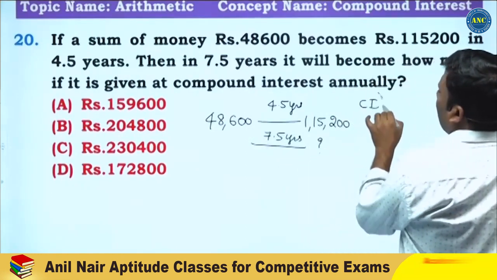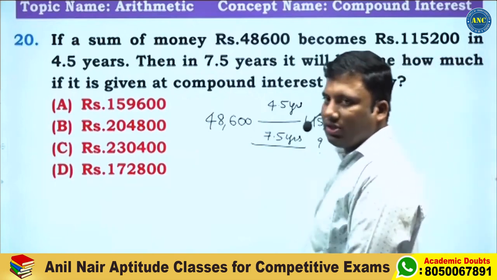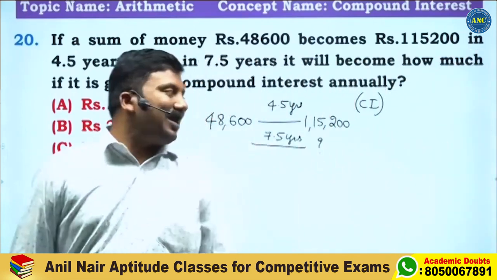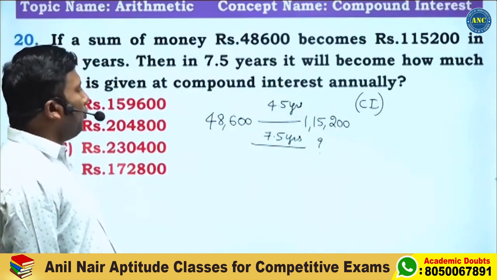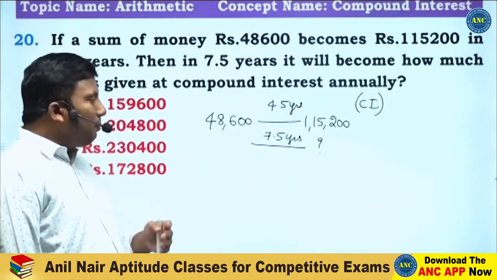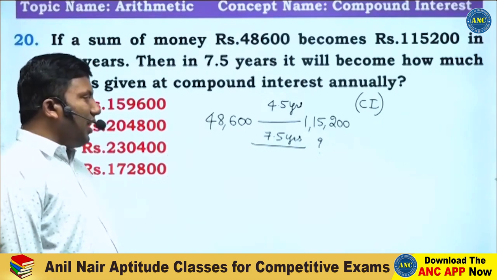Under compound interest, 48,600 became 1,15,200 in 4.5 years. In 7.5 years, how much will this value become?